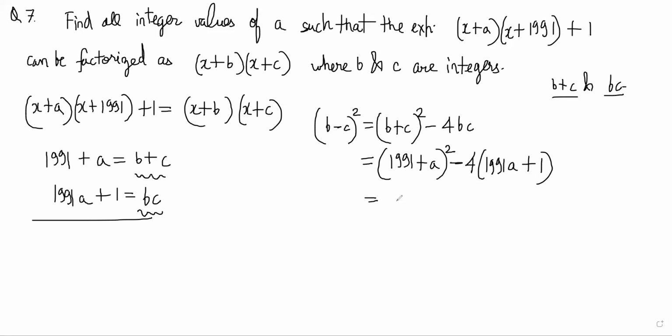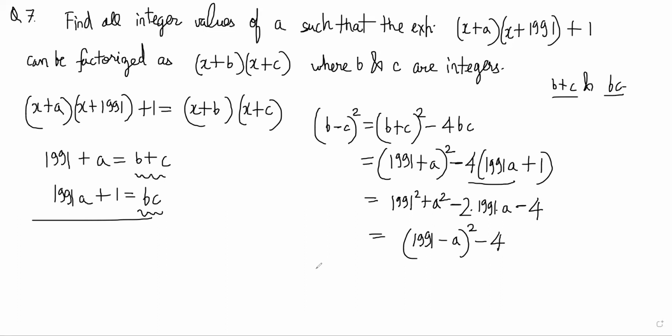So this will become 1991 square plus a square plus 2 into a into 1991, minus 4 into 1991a, minus 4. So this is (1991 - a) whole square minus 4, right?